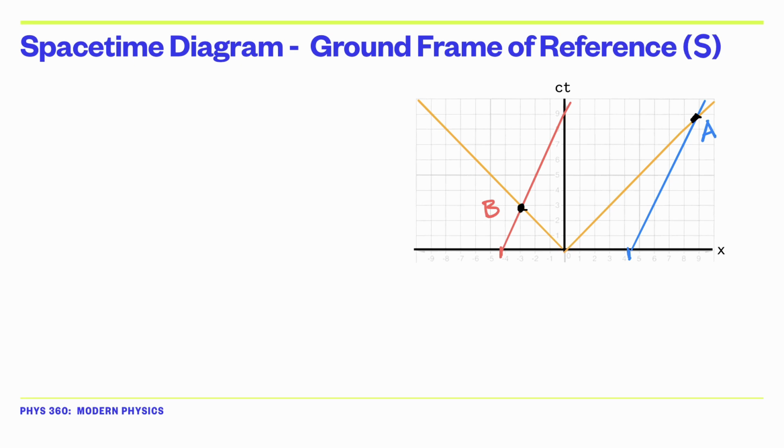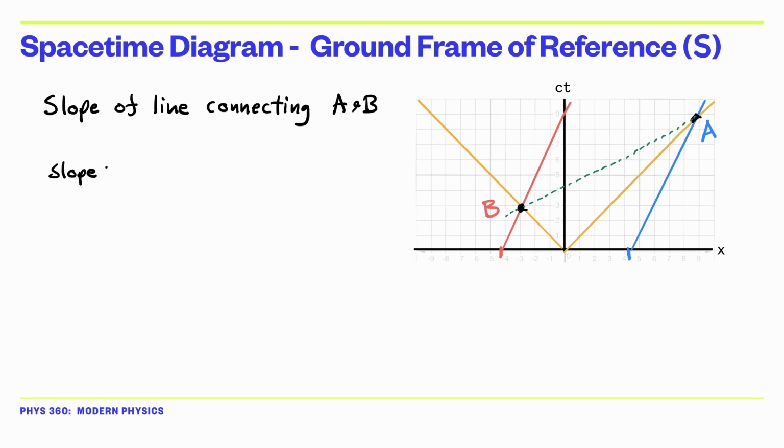Finally, let's calculate the slope of the line connecting events A and B. The slope is given by the change in height along the ct axis, so c delta t divided by delta x.